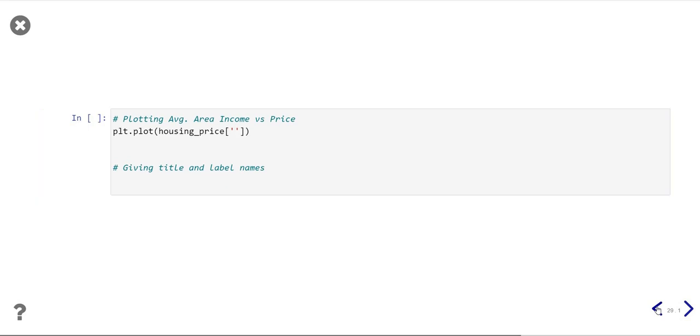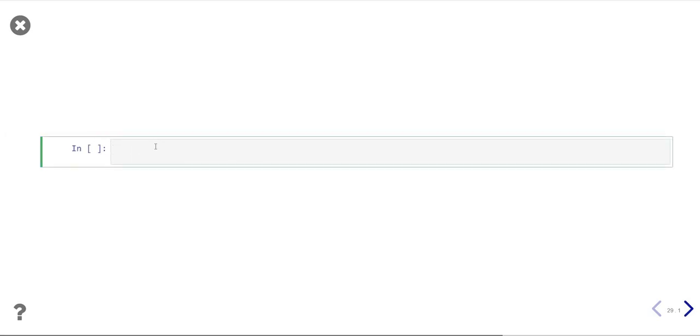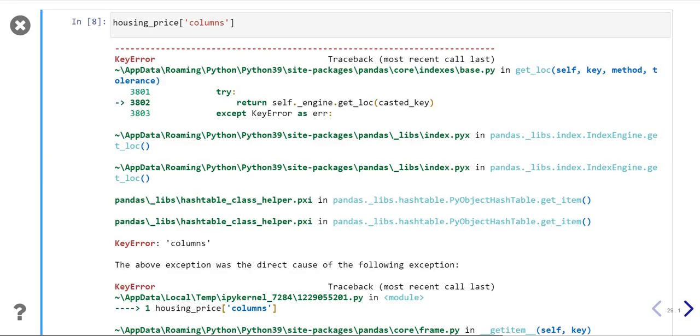So take note that the names must be the same. In order for you to find out the name of the column, what you can do is housing_price, not this, we have to call the object.